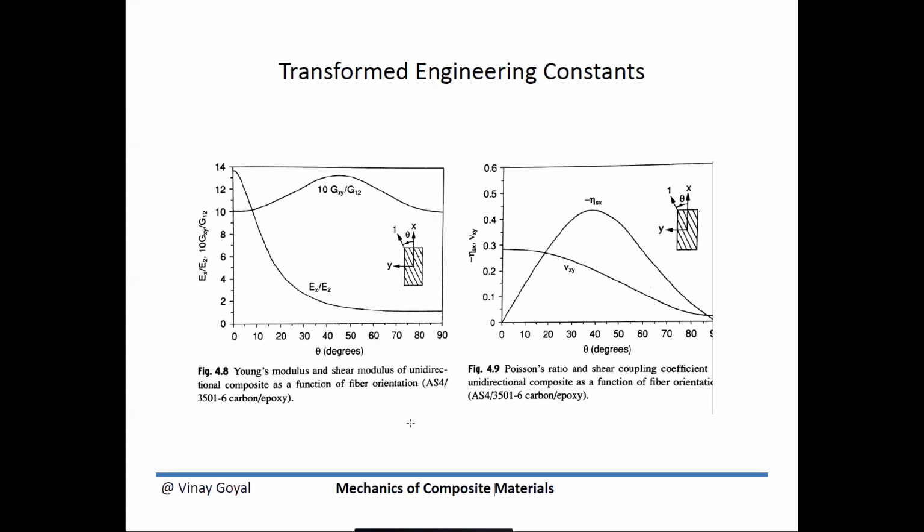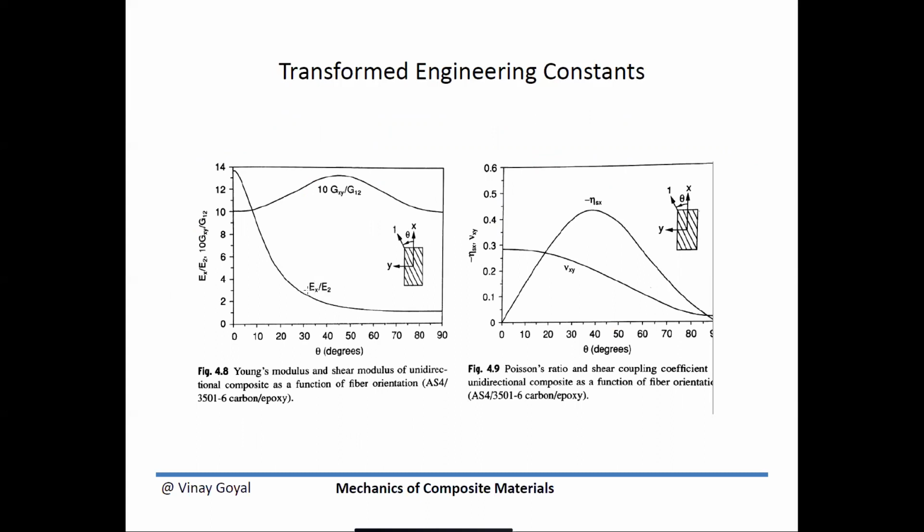So we can plot the transformed engineering constants and try to understand what is going on. So here I've plotted EX over E2. EX is the laminate coordinate system, 2 is through the thickness, fiber direction, transverse to the fiber direction.